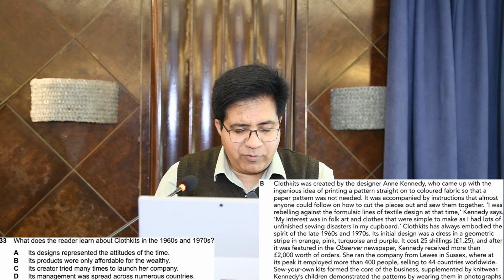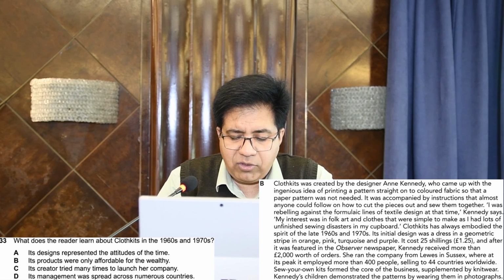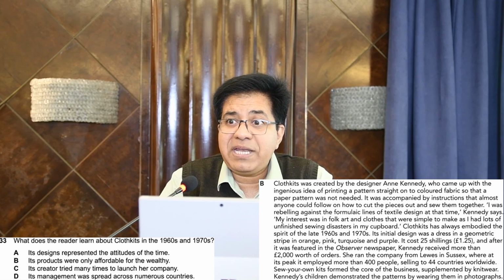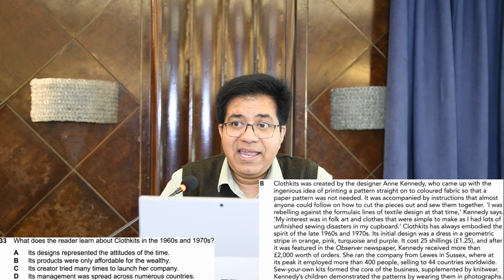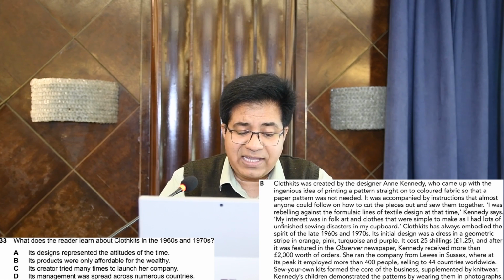Now, please come to the questions. 33. What does the reader learn about Clothkits in the 1960s and 1970s? They use the word spirit of the time. Option A, its designs represent the attitude of the time. Attitudes of the time means spirit of the time. Exactly. Let's read other options.